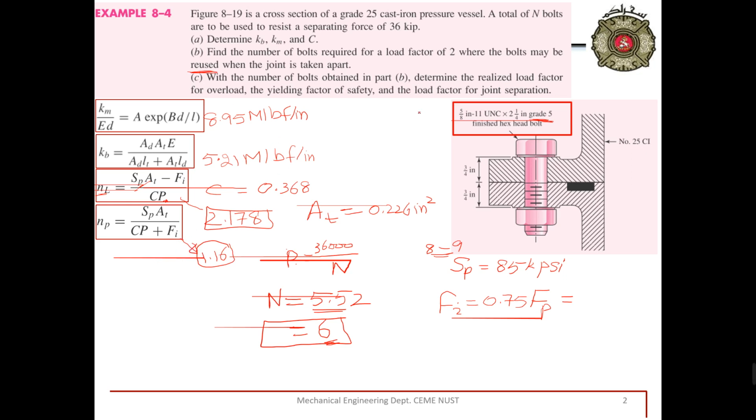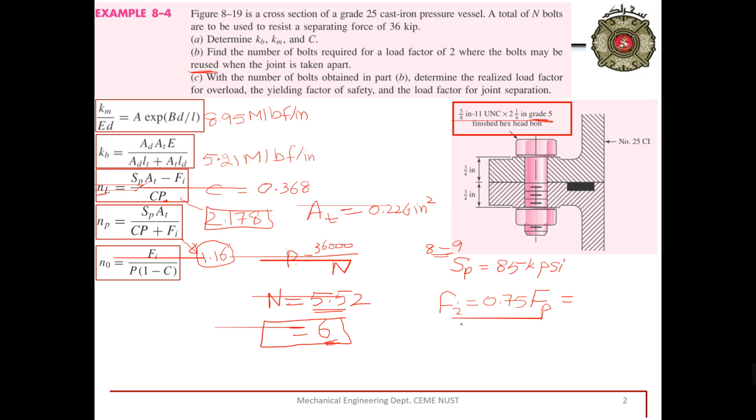And for the last, which is overload for joint separation, we have N naught. This value being less than 1 means that the preload is less than the load supported by the members, or the joint has been separated. So this value has to be more than 1, otherwise the joint is not safe. These two values are related to the bolt and this value is related to the joint.